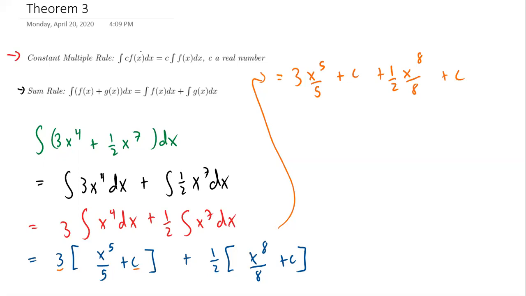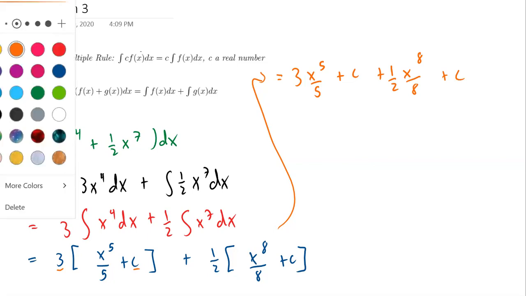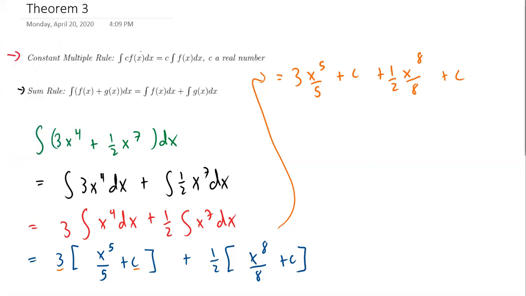And not only that, if I want to simplify this even more, if I have an arbitrary constant plus an arbitrary constant, that's just another arbitrary constant. So I can simplify this to be 3/5 x to the 5th plus, and I'm going to multiply the 2 by the 8, so that's x to the 8th divided by 16.